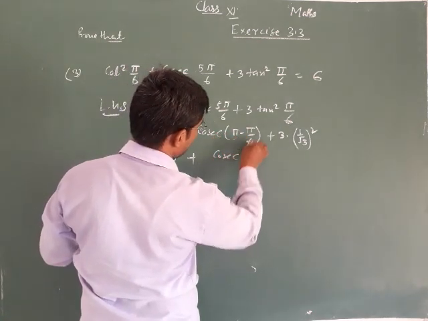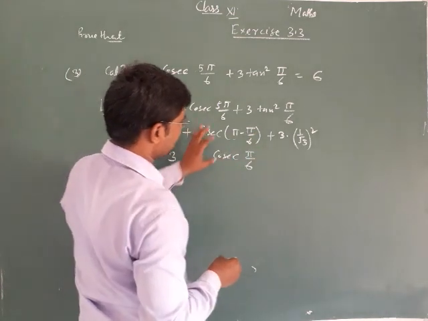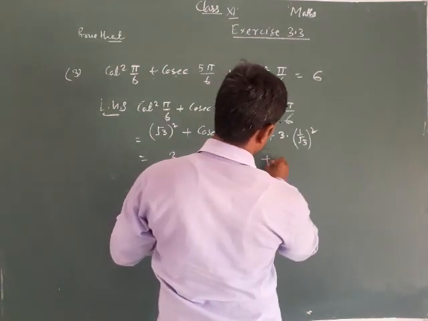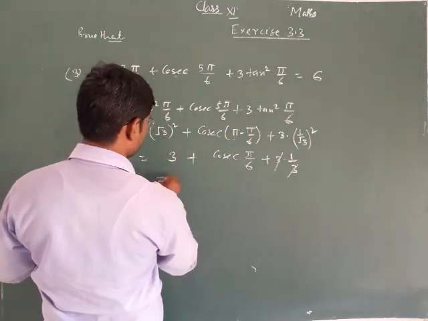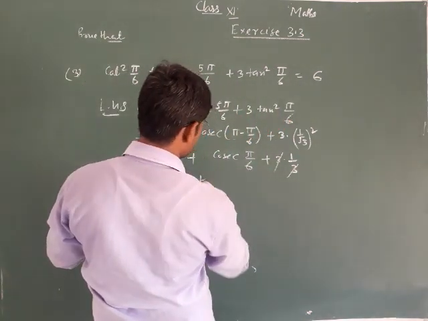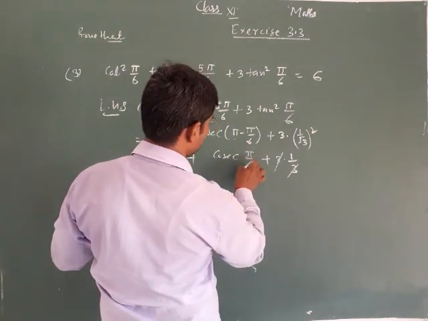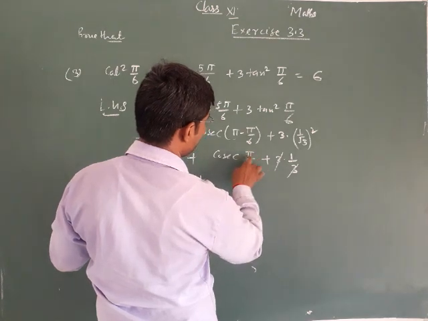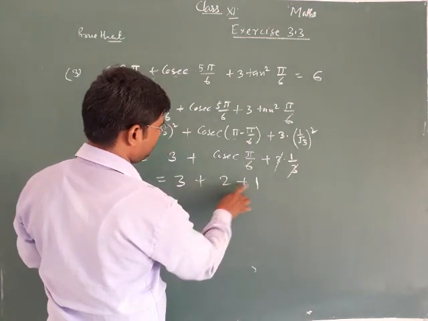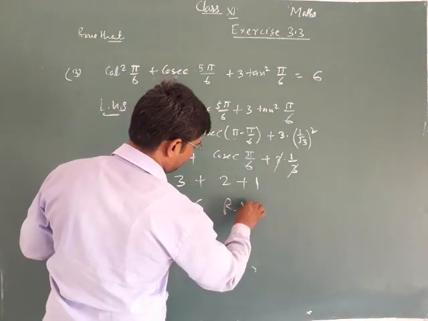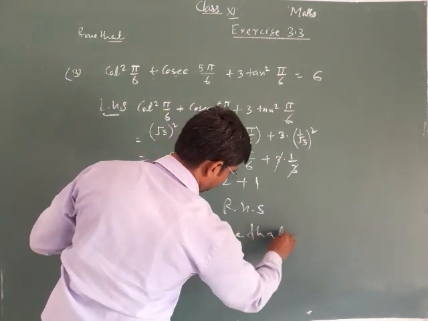So this is cosec, angle π/6 lies in the second quadrant, this is a positive value, and plus 3 into 1/3, so this cancels out. So 3 and plus cosec 30, so it's 180 upon 6, this is 30, cosec 30 value 2, plus this is 1, so 3 plus 2 is 5, plus 1, this is 6, RHS. Prove that.